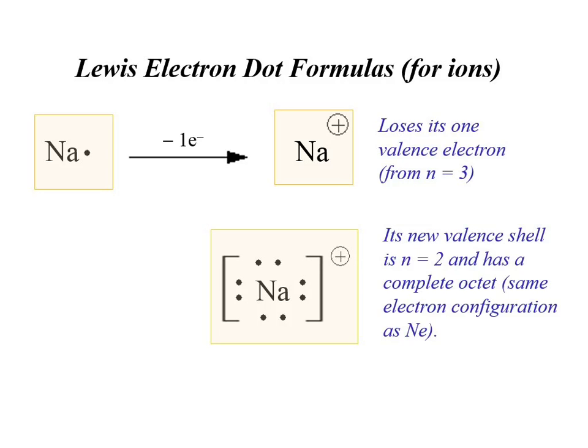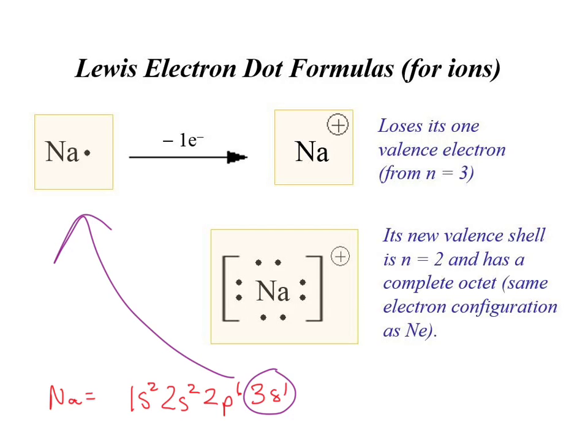Put another way, sodium has 11 electrons, and they look like this: 1s2, 2s2, 2p6, 3s1. That is sodium. And when that electron goes, now what does it look like?